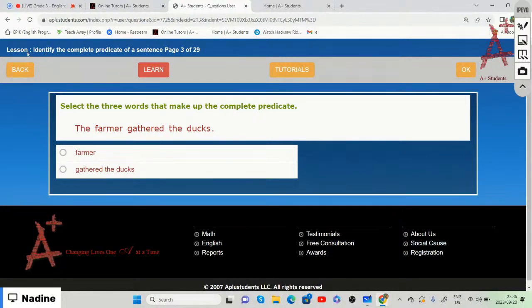So one is correct. The farmer gathered the ducks. Three words.